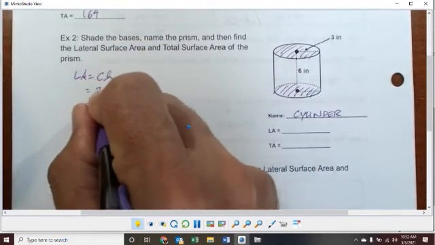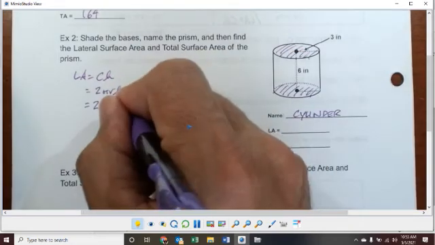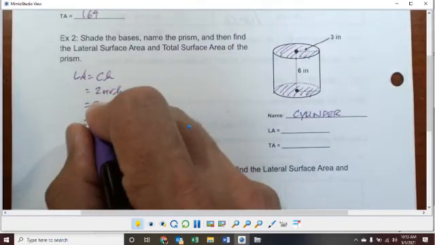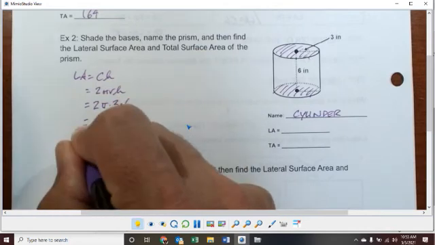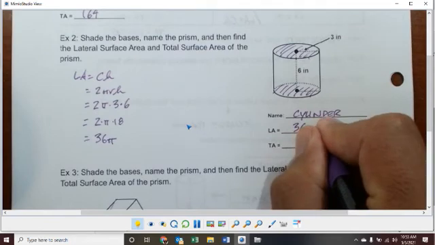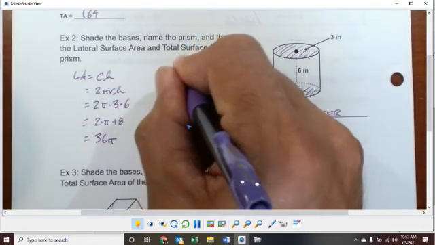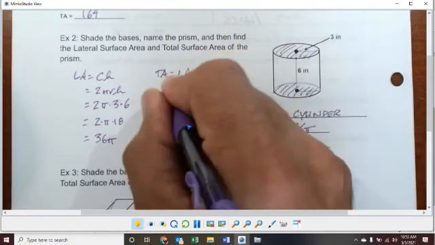So 2 pi times our radius of 3 times the height of 6. So this is 2 times pi times 18, so that's 36 pi. That's our lateral area.